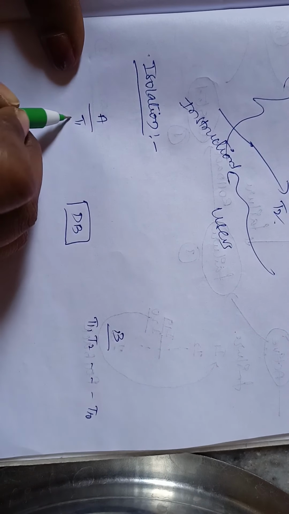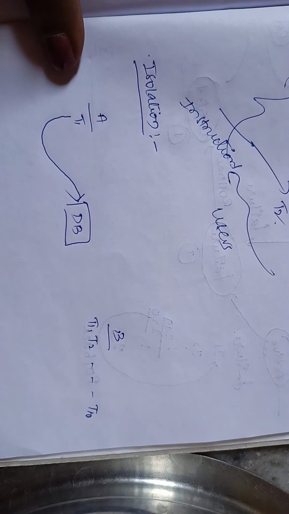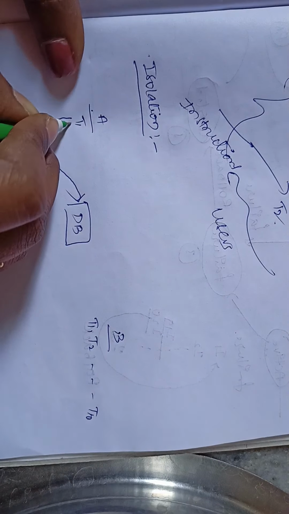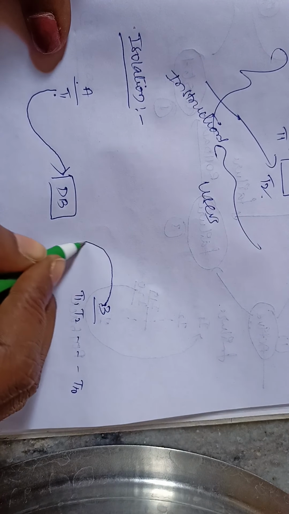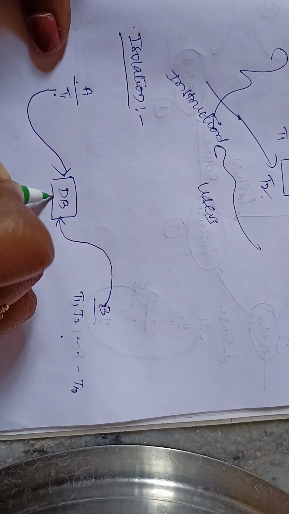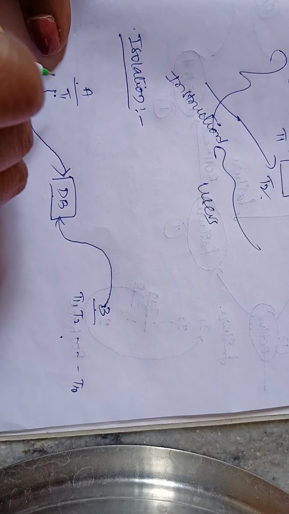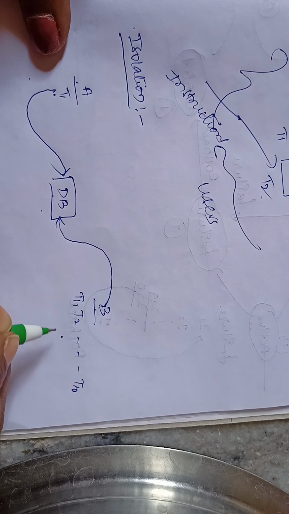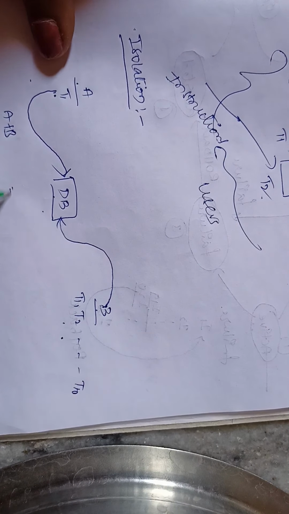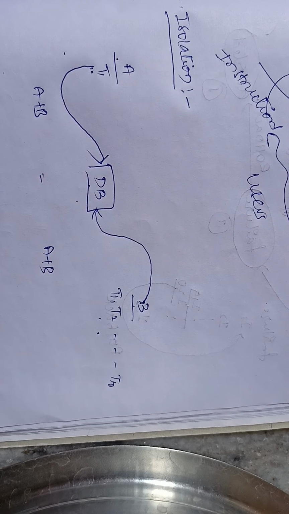Whatever response the database gives to A for the single transaction, the same response has to be given to B for the same operation. It does not bother how many transactions there are; a single transaction here is equal to 10 transactions there, but the output is the same. If you get the output A plus B here, the same output you get there. That is the concept of isolation.